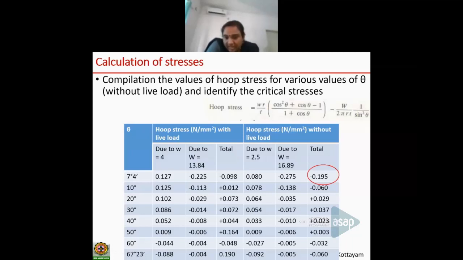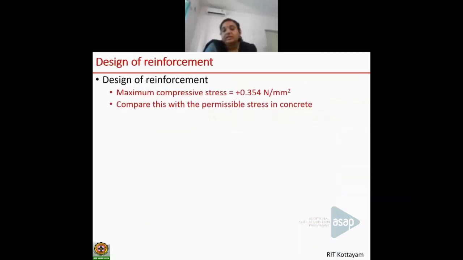So you can see here that the without live load case became critical, because the minus 0.195 Newton per millimeter square is coming at the opening side as the critical one. So what does this negative sign imply? The negative sign implies the tensile stress, right?